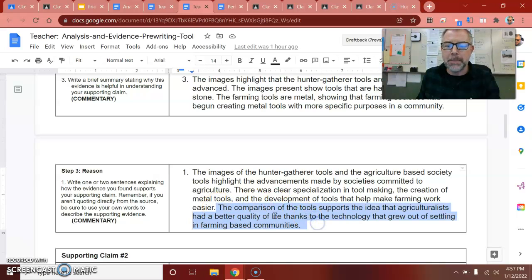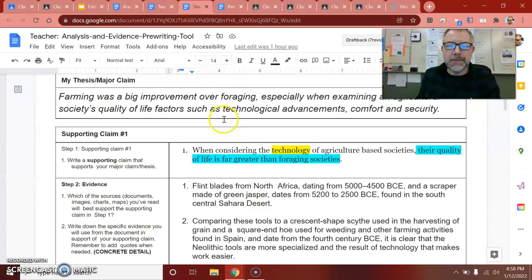I would say this wrap-up sentence is just like the wrap-up we do in our current events, okay? So I've got all of these components, and if I put all this together, this is going to create a whole paragraph.